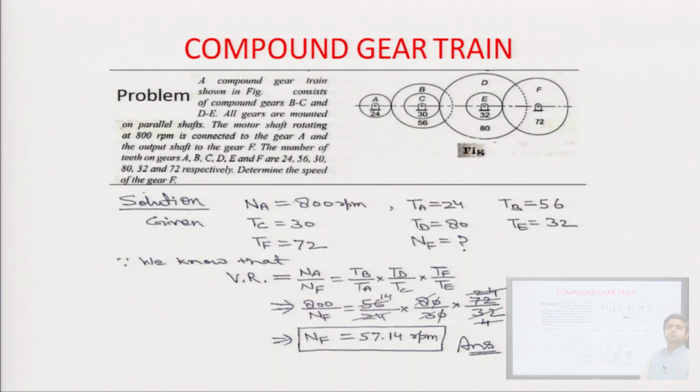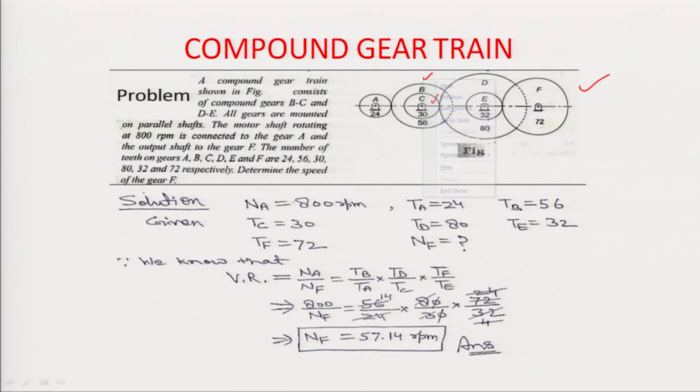Now, let us try to solve a simple problem based on the compound gear train. This is the problem. In this problem, a compound gear train shown in figure, this is the figure, consists of compound gears B, C and D, E. In this figure, B and C are the compound gears and D with E forms compound gears.